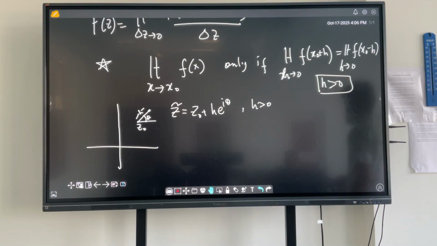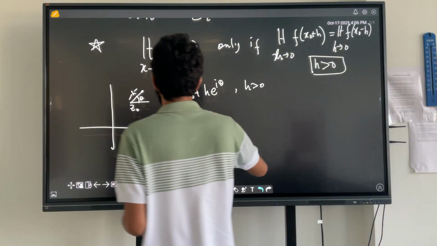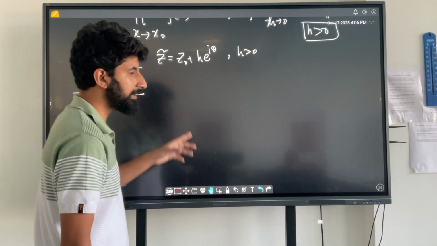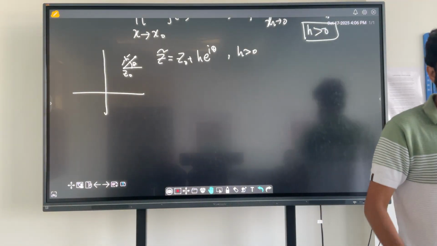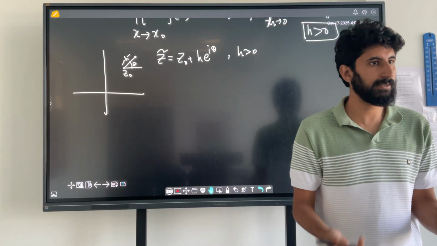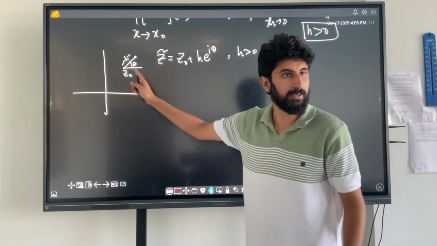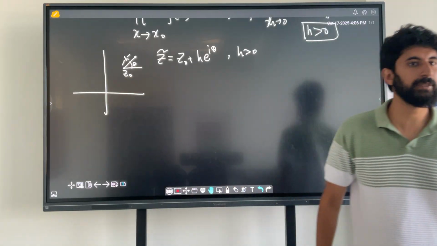Now let's define the limit. What did we define for the limit of a real function? The left hand limit and right hand limit should be the same. What should it be here? No matter how you approach the point z naught, it should be direction independent.